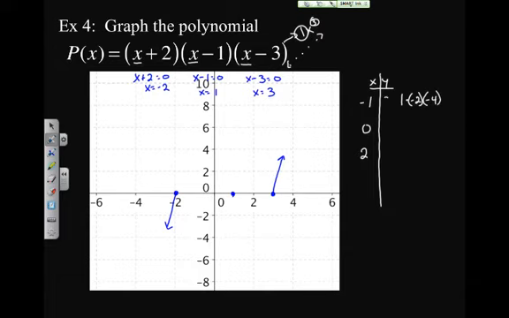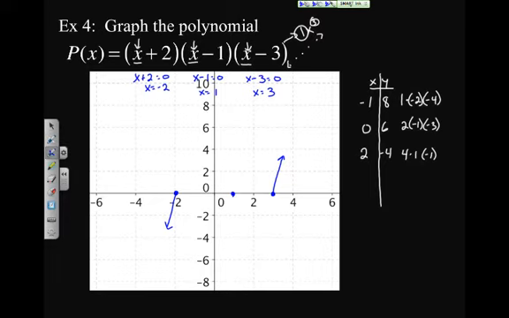So that's going to give us 8. When we plug in a 0, we get 2 times negative 1 times negative 3, and that gives us 6. And when we plug in a 2, we get 4 times 1 times negative 1, which gives us negative 4. I'm just plugging the x values in for each x.